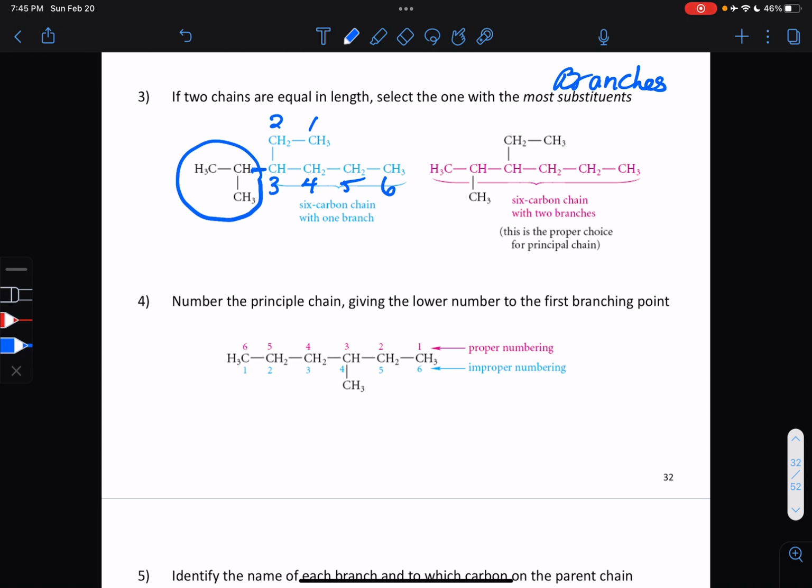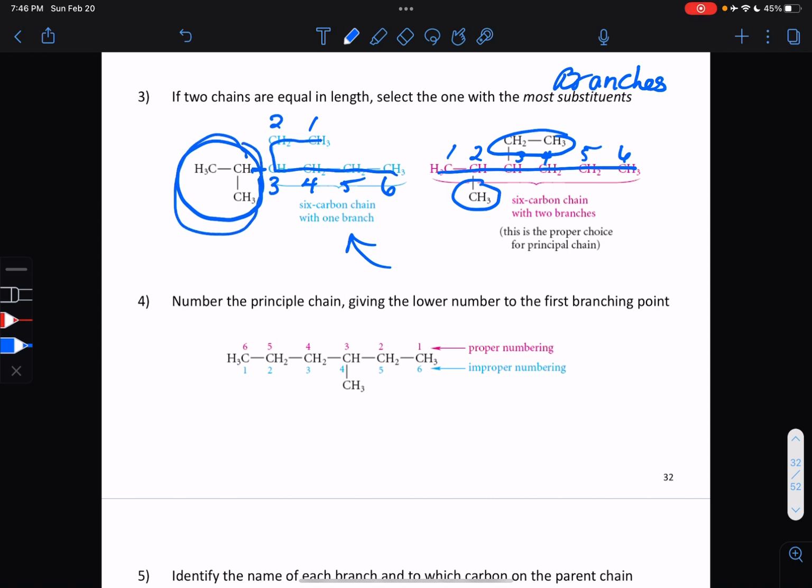It says that you're going to go ahead and identify the 6-carbon chain that runs left to right horizontally right there and has 2 branches hanging off of it, rather than this one right here that has 1 branch hanging off of it right here. Why? Because those are the rules and we want to be consistent.